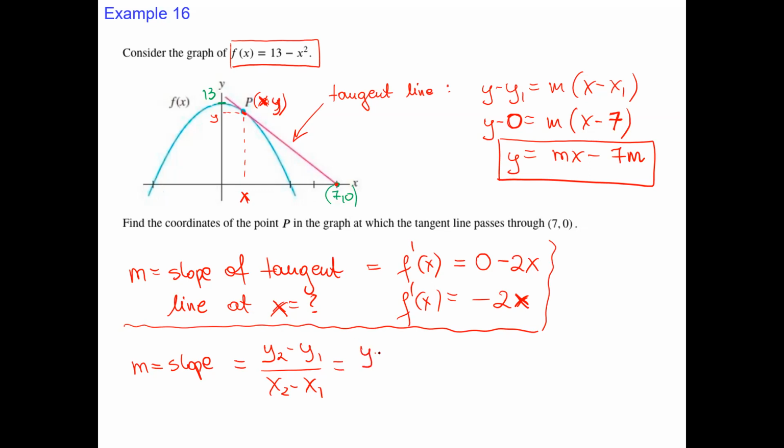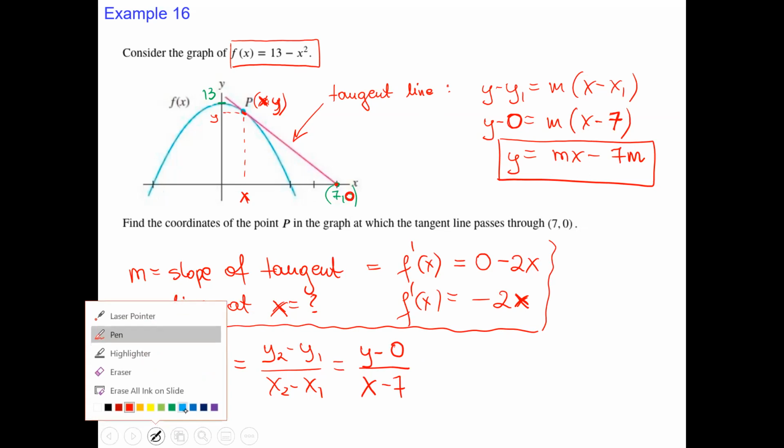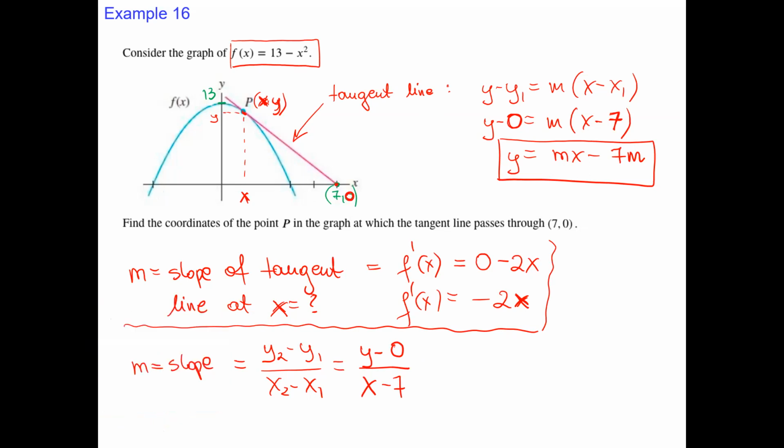I can say y minus 0 over x minus 7, because that's also the slope. And what we can do now is try to combine them because they are the same.